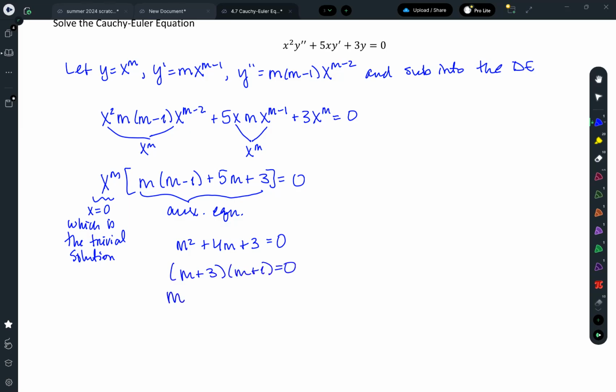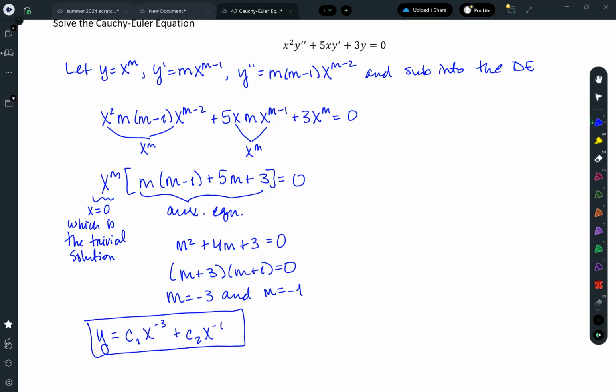So then m is equal to minus 3, and m is equal to minus 1. This means our general solution y is c1 x to the first m, so it's x to the minus 3, plus c2 x to the second m, which is x to the minus 1. And that's it. That's all we got to do for that problem. So it's our general solution, and we're done.